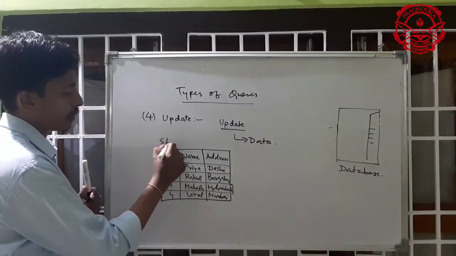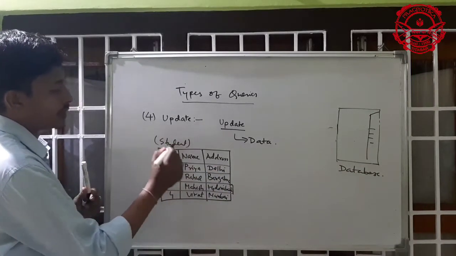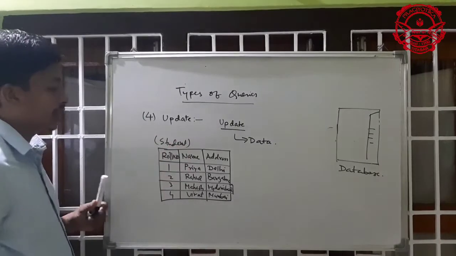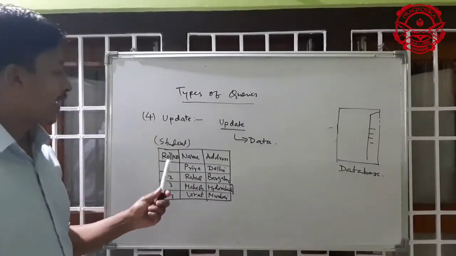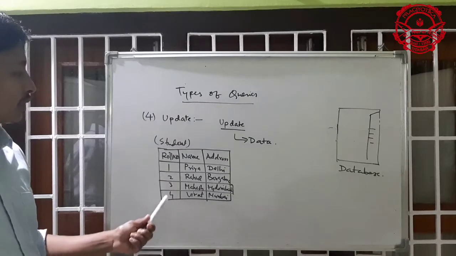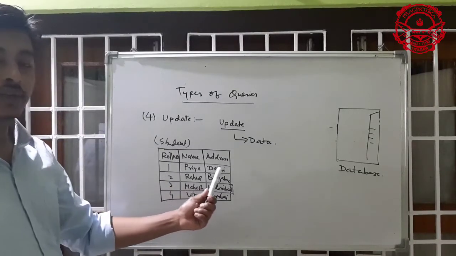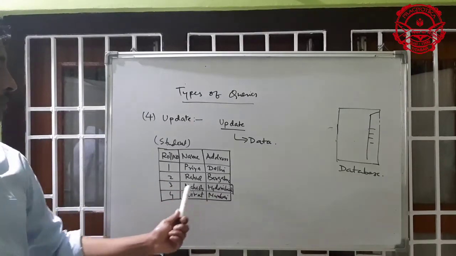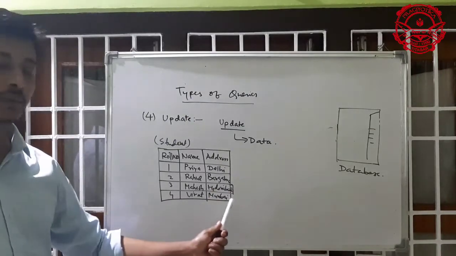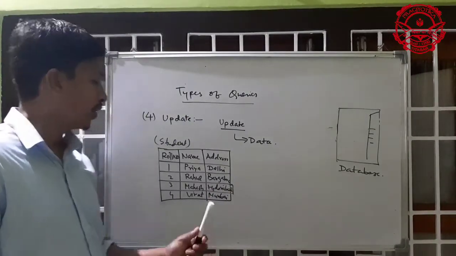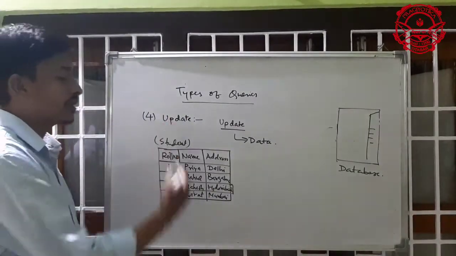This is called the student table. If I see it roll number wise, roll number 1 is Priya from Delhi, Rahul from Bangalore, Mahesh from Hyderabad, and Virat from Mumbai. This is the student table.